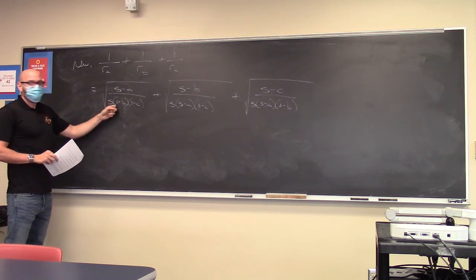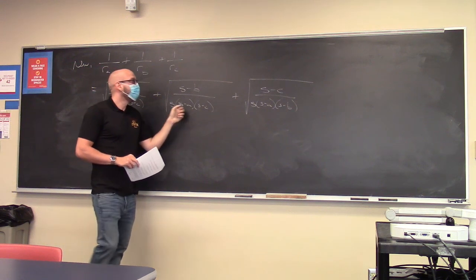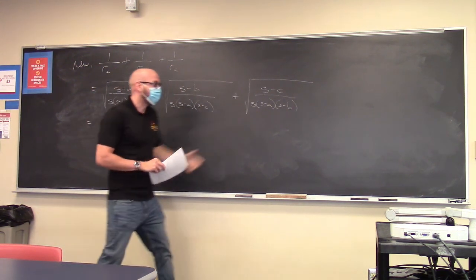How am I going to do that? Well, the first one I'd multiply top and bottom by s minus a. Second one I'd multiply top and bottom by s minus b. Third one I'd multiply top and bottom by s minus c.